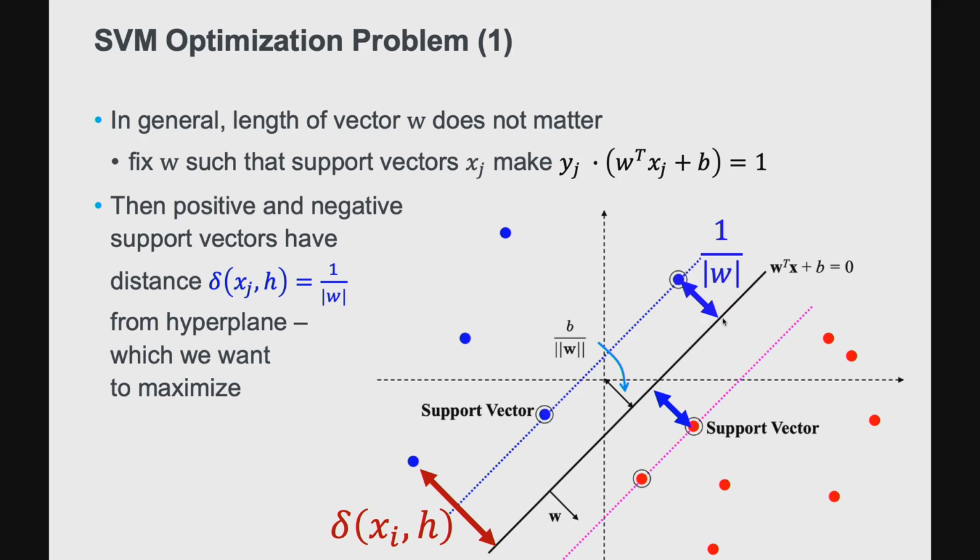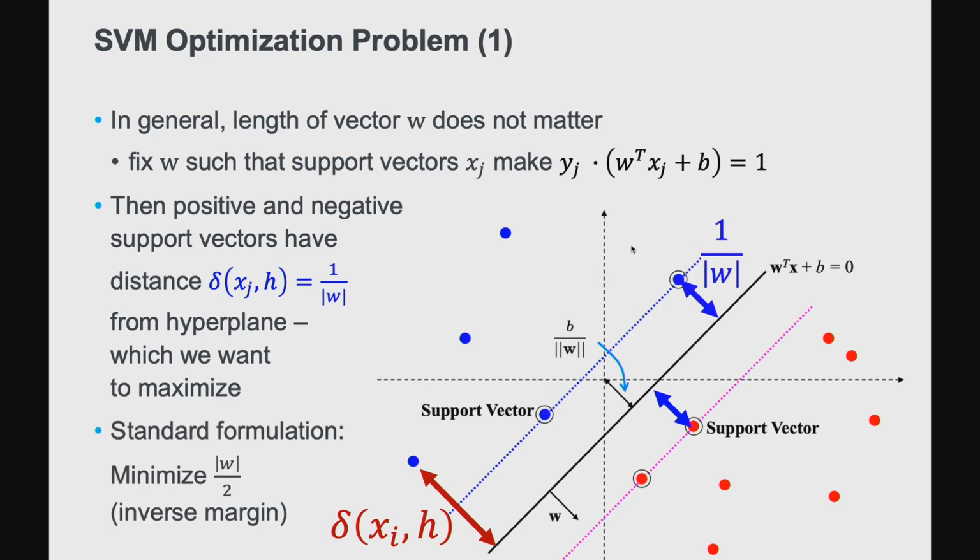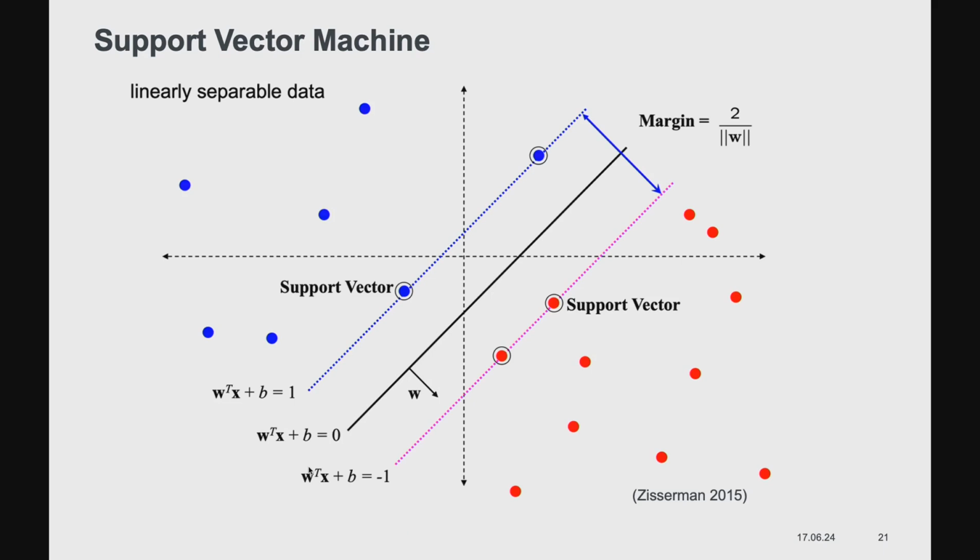And remember, this distance should be as large as possible. So, what we want to do is we want to maximize this term for our support vectors. Instead of maximizing a term, we could, of course, also minimize the inverse, right? That's, of course, also often done.